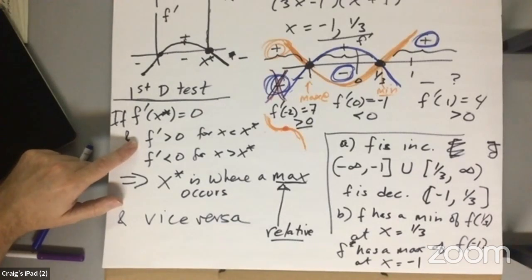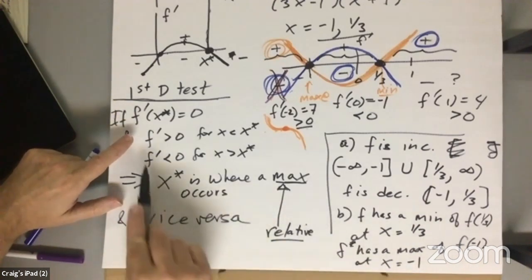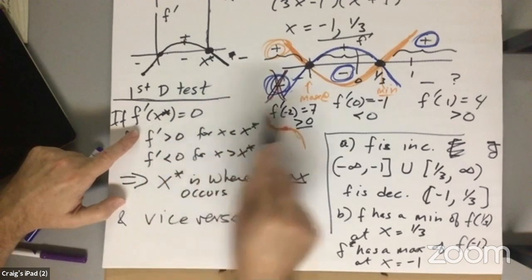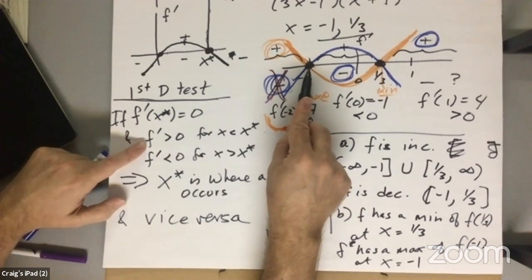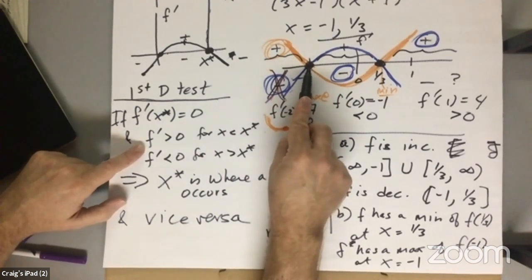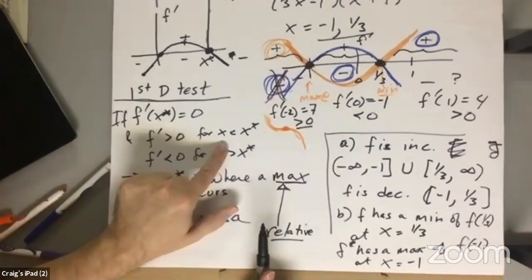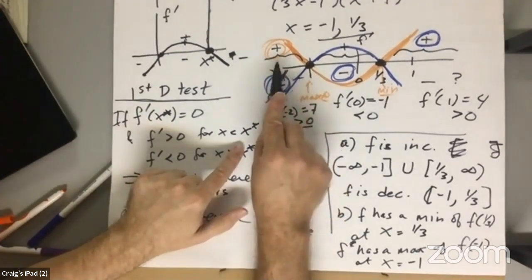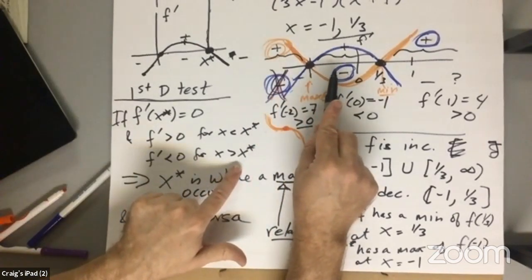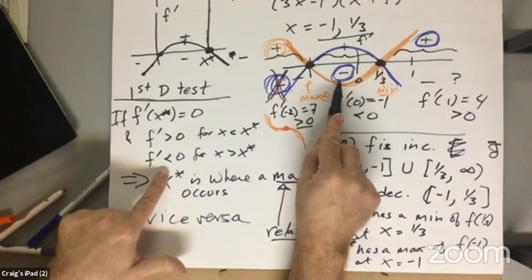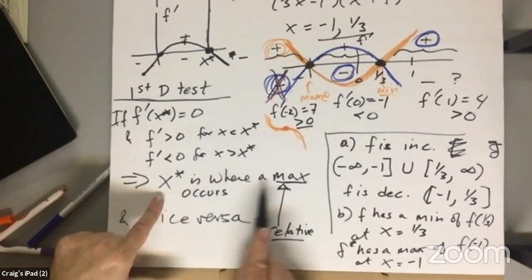The first derivative test tells us that x equals -1 will give us a maximum value for f when I stick in x equals -1. So again, the first derivative test says if the derivative is 0 at that special spot, at that critical number, and if the derivative is positive to the left of the critical number, for x less than the critical number, and if to the right, for x greater than x star, the derivative is negative, which is what we have, then x star is where a max occurs.